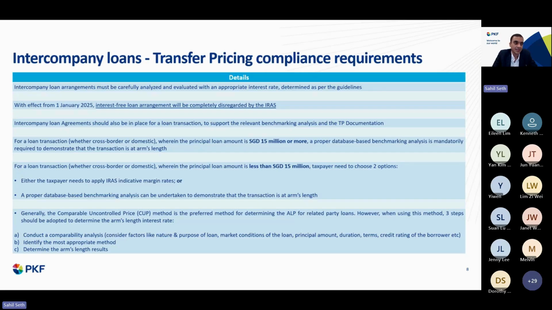But the sum and substance is, interest free is not acceptable now. Depending upon the principal loan amount, either a database based benchmarking or an indicative margin rate analysis should be there, but there has to be some basis of justifying that this chosen interest rate is at arm's length.